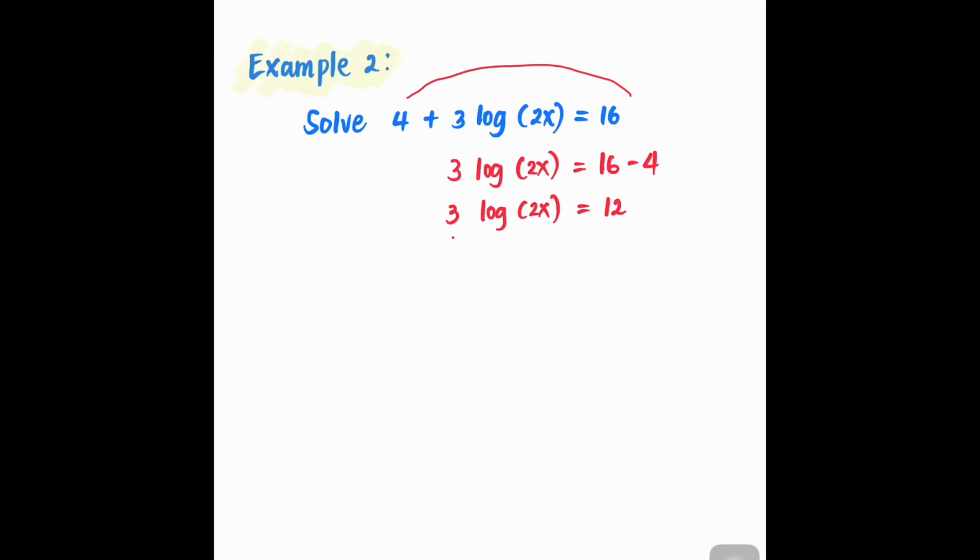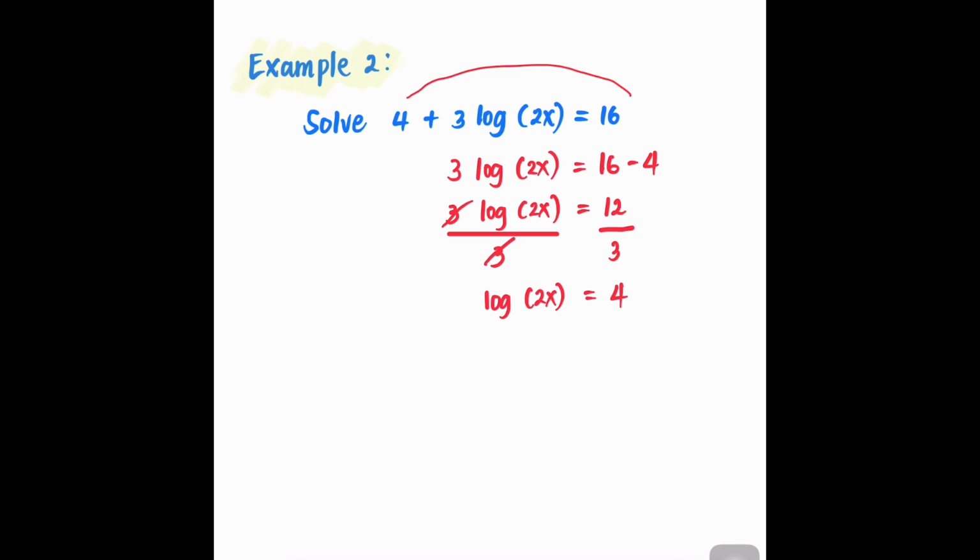So we can actually divide both sides by that coefficient, applying the division property of equality. So dividing both sides by 3, it was canceled. So you have log of 2x is equal to 4.